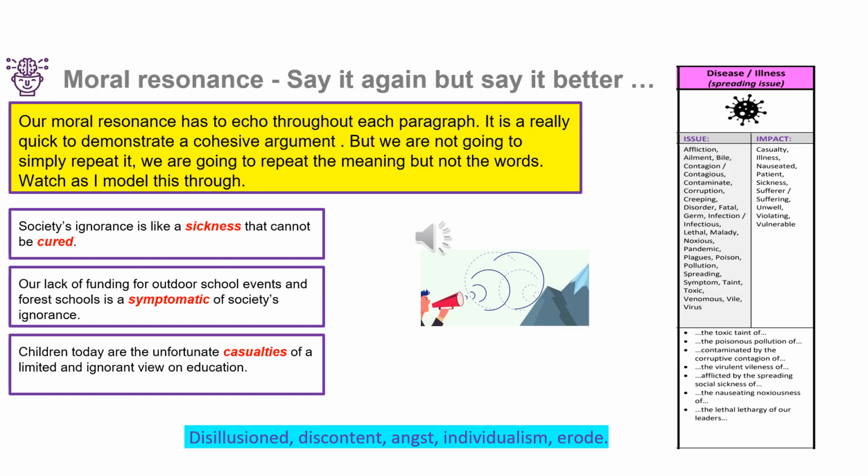So again, I'm using that keyword taken from the extended metaphor of disease, and I'm linking it to ignorance again. Then I have: children today are the unfortunate casualties of a limited and ignorant view on education. So again, using that extended metaphor of disease, but again, repeating the word ignorance.